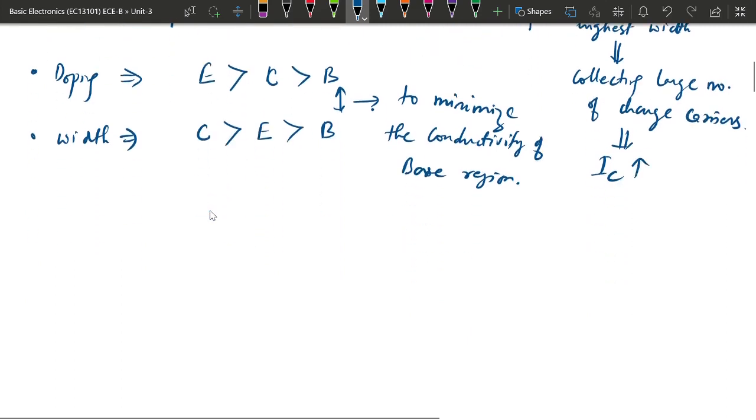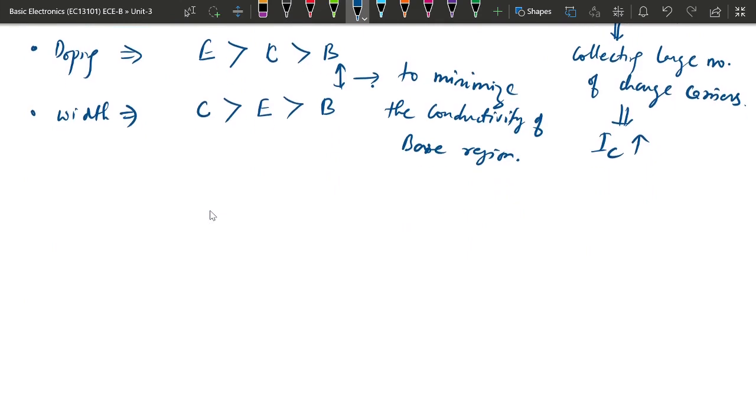So this is the basic concept of how the construction of transistors is done. Next we will see the lower doping that we see in case of the base. Basically this lower doping of the base decreases the conductivity. Once it decreases the conductivity, in opposite terms, it increases the resistance.